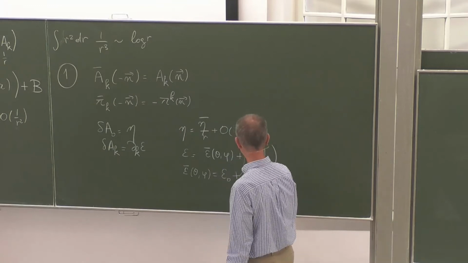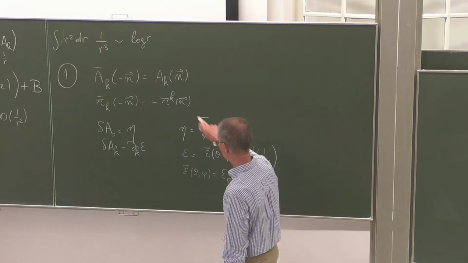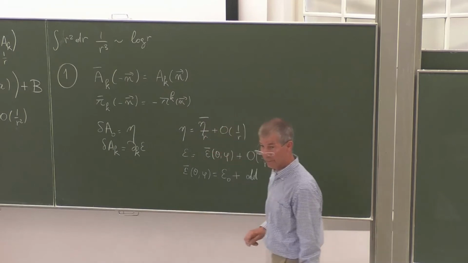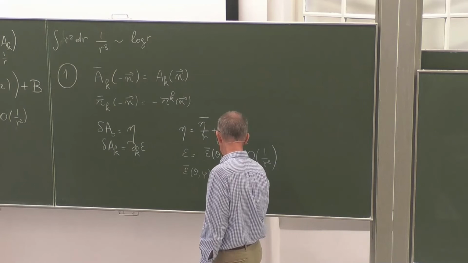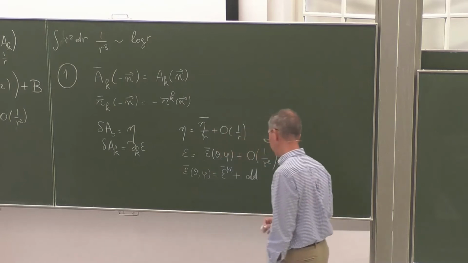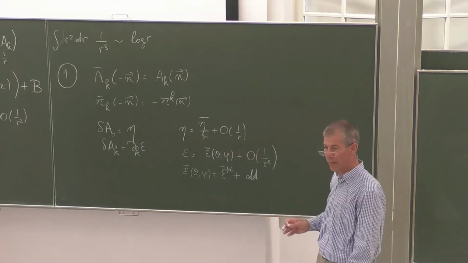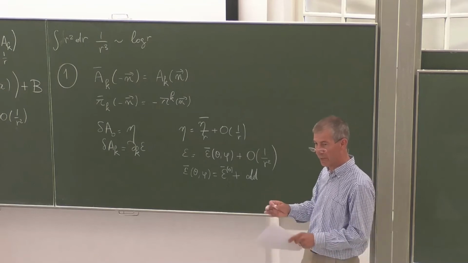So the gradient of something which is odd is even. Yeah, maybe I should write it like this. So a constant, so it's a zero mode of epsilon. So the epsilon bar can see if I develop in spherical harmonics.